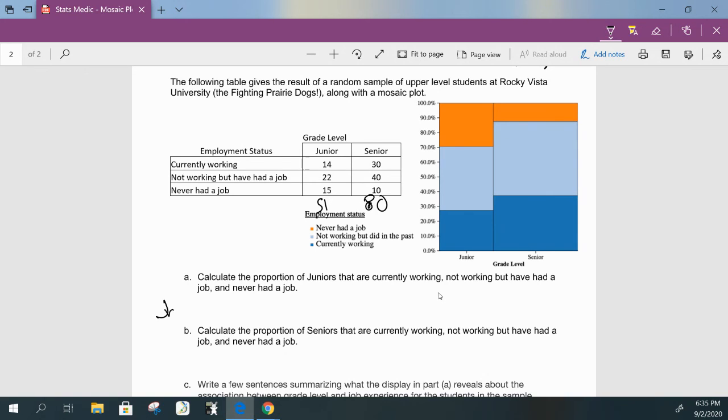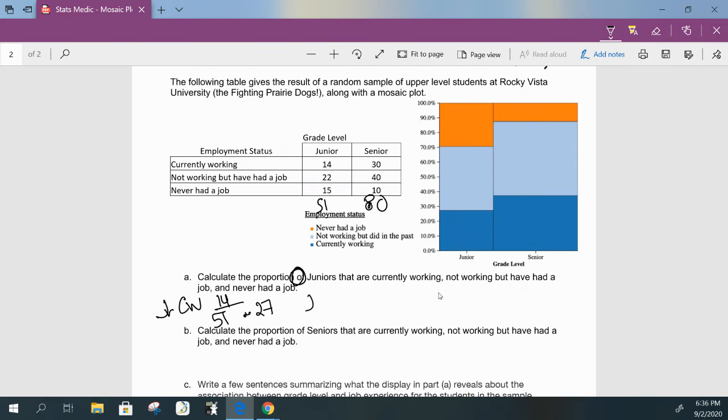So junior, currently working. There are 14 of them, and there are 51 juniors because it says of juniors. So this is a conditional probability. And that is about 0.27.